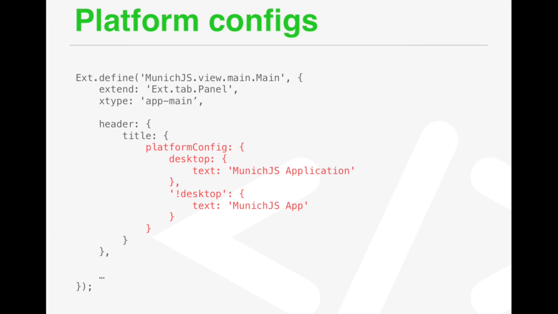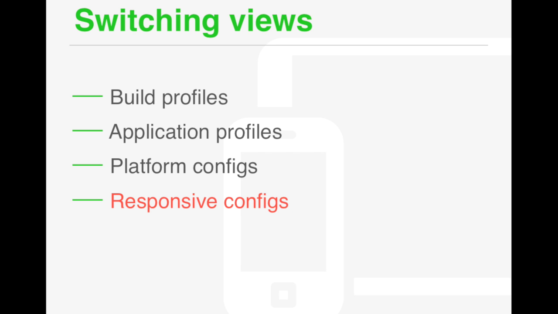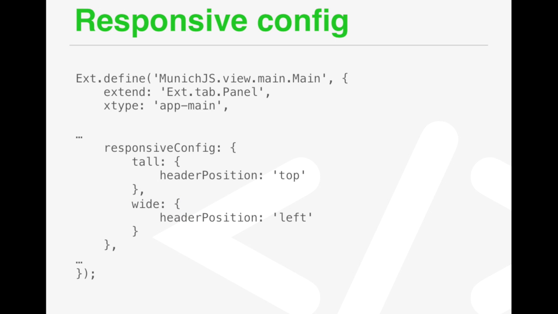Here we just assign the application header according to device type, desktop or not desktop. Responsive config is similar to platform config, but it's more dynamic, and rules will be applied not only at instance creation time, but also when device orientation or screen size changes.